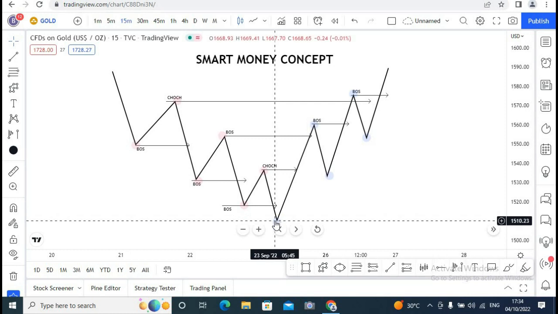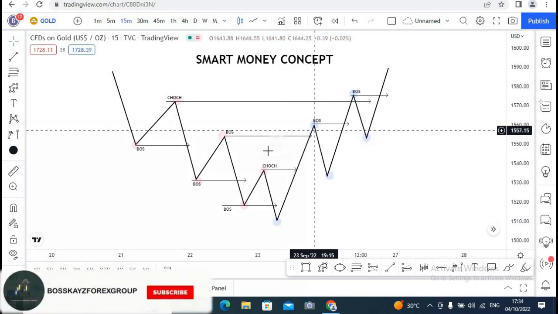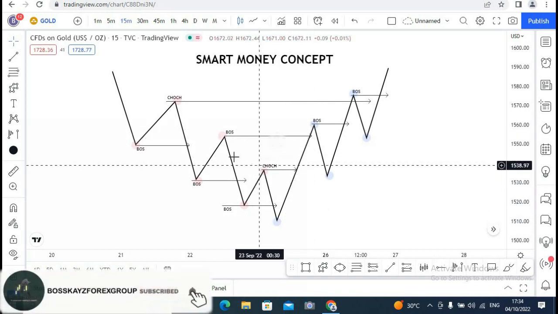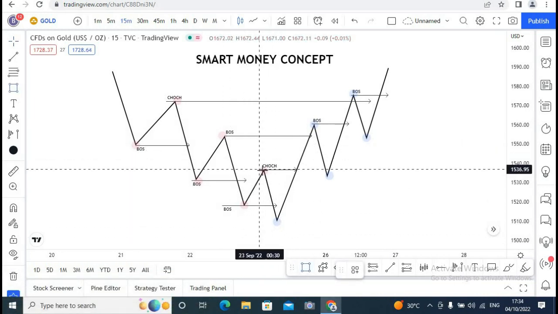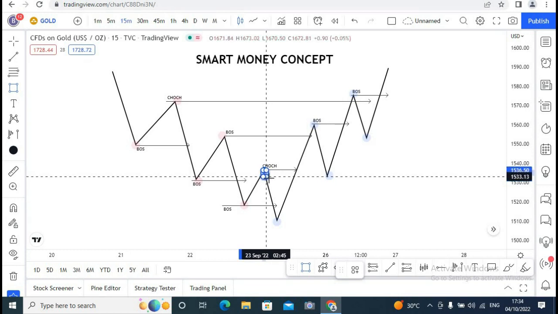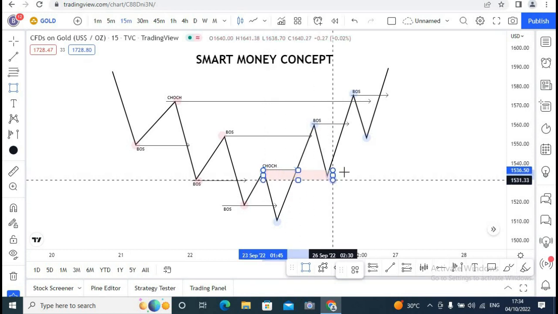So now let's say the price will go up, right? And then they will take out the previous lower high. What you have to understand is these zones will be our supply zone area. That's where we can also find a breaker block.